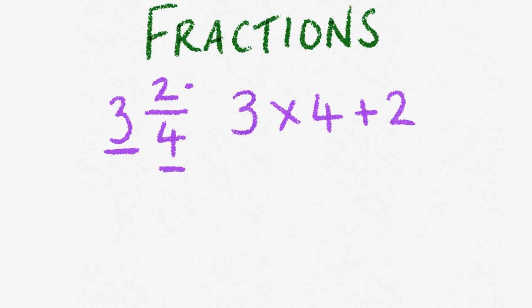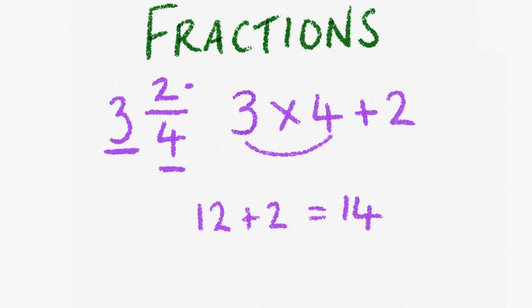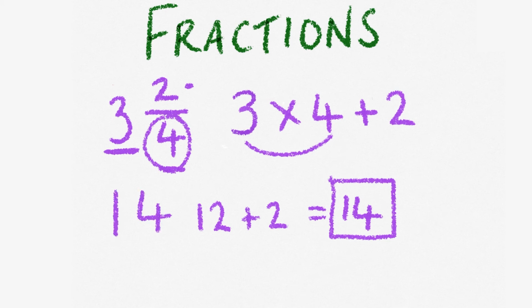So let's try that out. 3 times 4 is 12. 12 plus 2 is 14. Now that gives us the number 14. Well, 14 what? Well, we're still talking about quarters, so that gives us the number 14 quarters. 3 and 2 quarters is the same as saying 14 quarters.